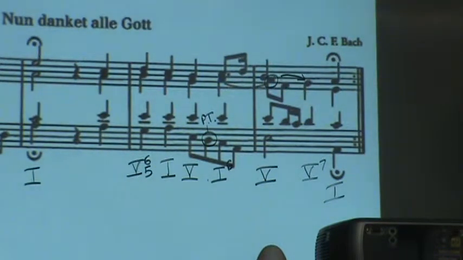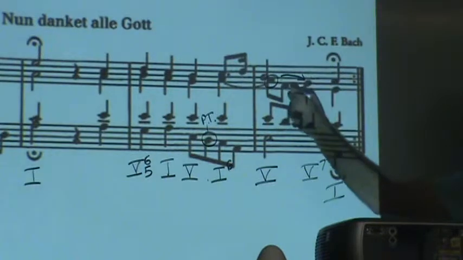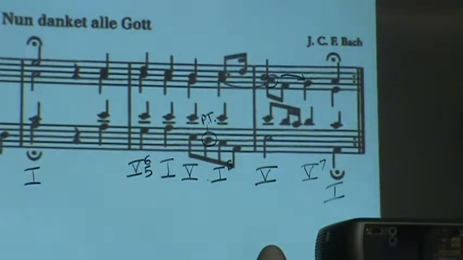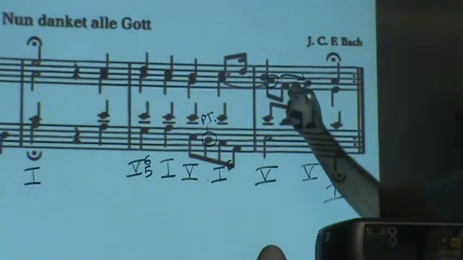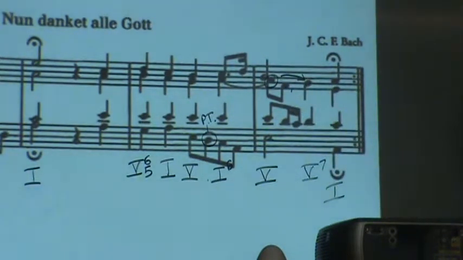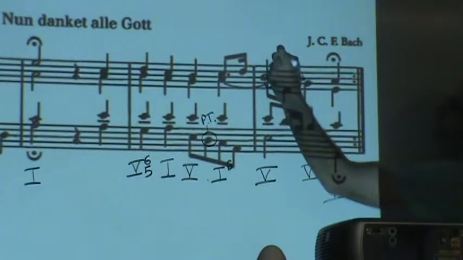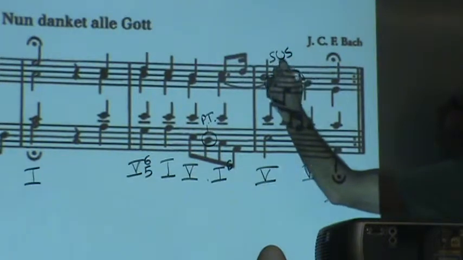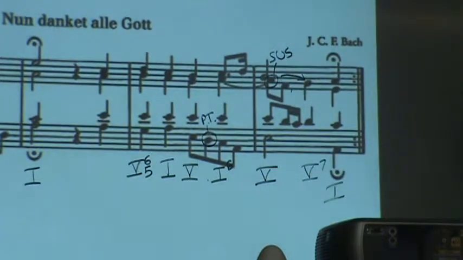It's taking that note and resolving it down by step, but he ornaments it with that F, almost like a changing tone or a neighbor group, leaping to another distant note and then finally to the resolution. But it's combined with the suspension. So the main movement is suspension there.